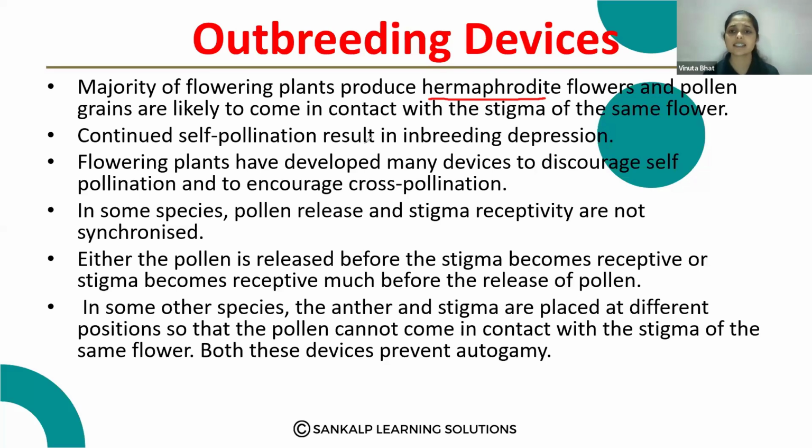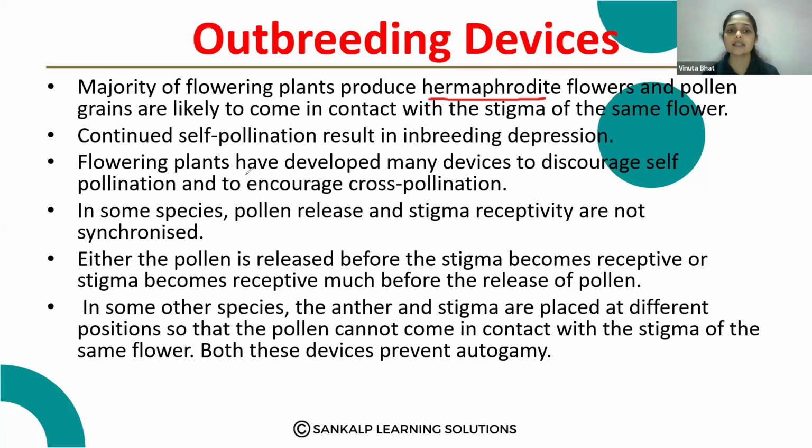So what is this inbreeding depression? Inbreeding depression means the plant develops some diseases and does not have reproductive fitness, or some unwanted characters develop in the plants.